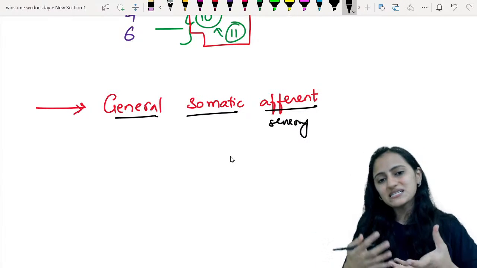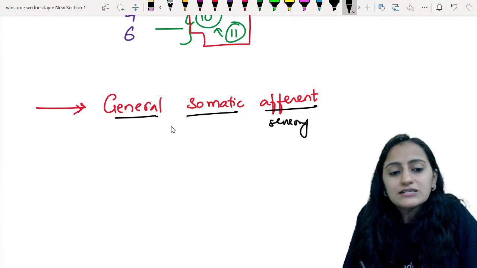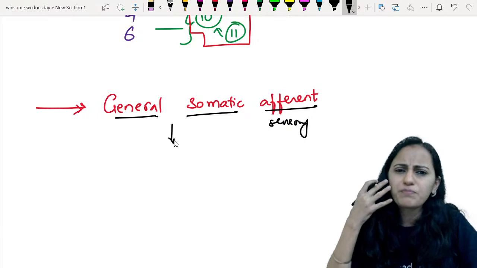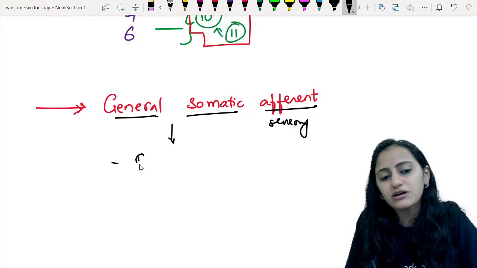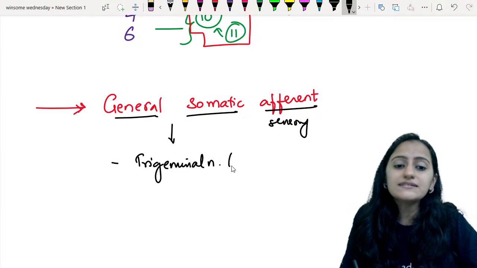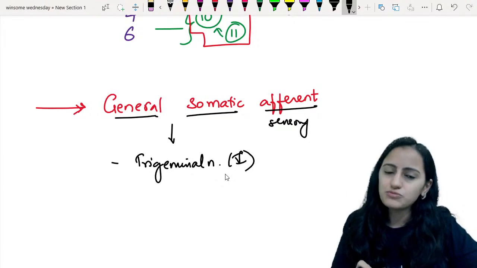Your general visceral afferent would be from the viscera. So we know that general somatic from the face, your sensations of pain, touch are carried by which nerve? They are carried by the trigeminal nerve. That is why you will have cranial nerve 5 in your general somatic afferent.